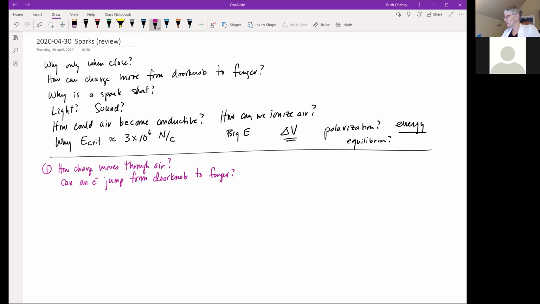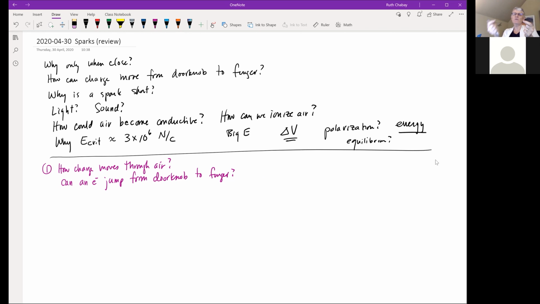And a related issue here is, so we can rephrase this question in sort of physicsy terms by saying, how far can an electron go before it collides with something and doesn't make it?